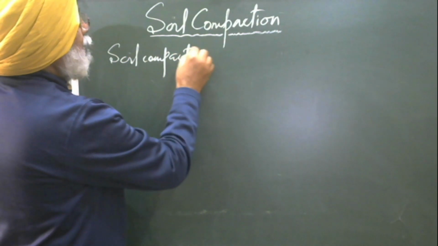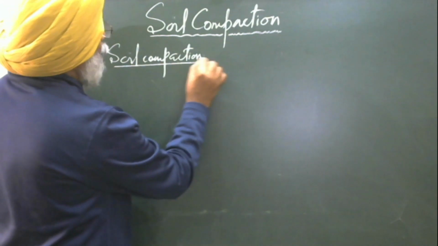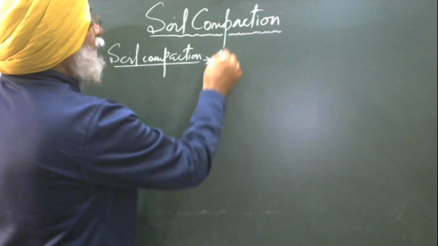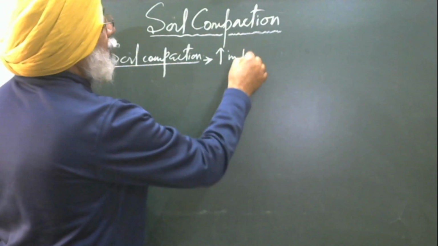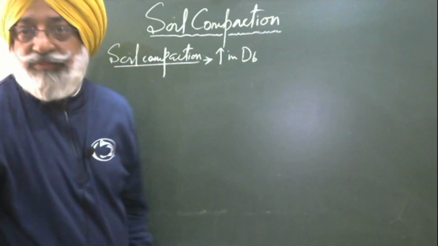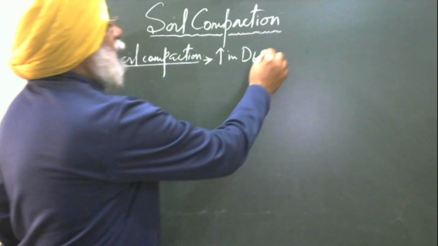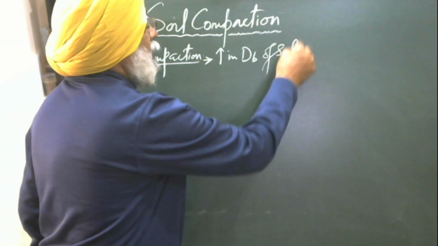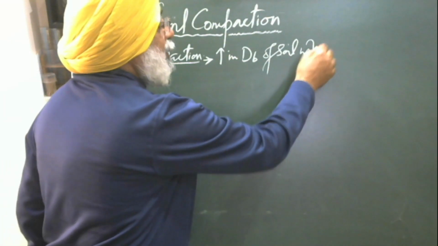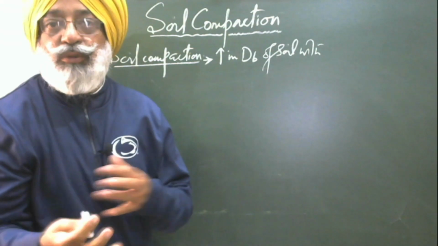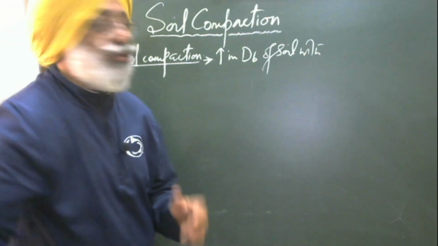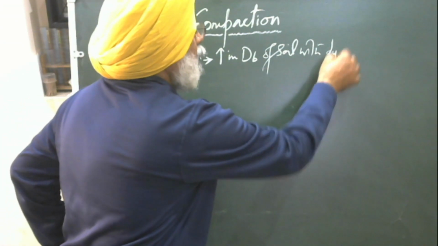Soil compaction is increase in bulk density of soil with a dynamic load. Dynamic means changing load.